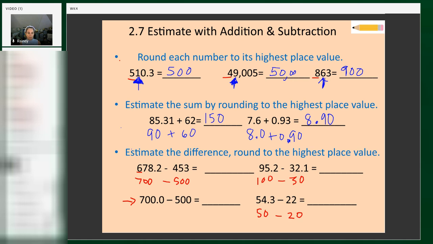Okay, let's see if we can fill in our blanks here. Any questions or problems about your rounding? Good job.